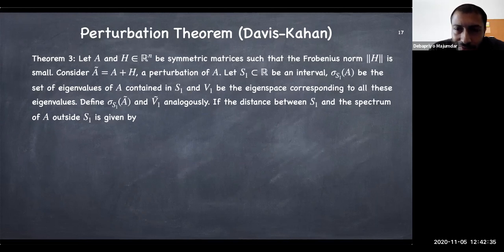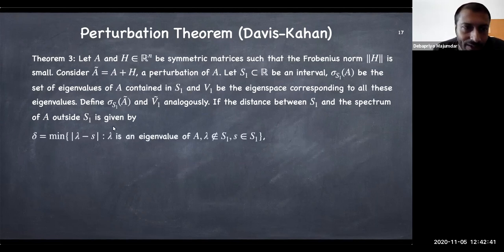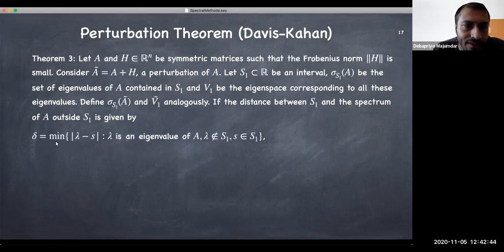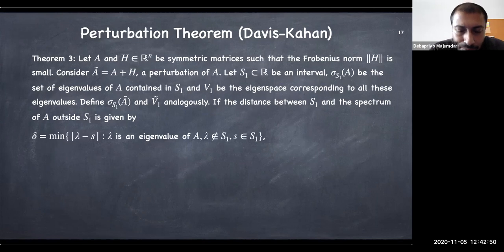So the distance between the interval and the eigenvalues outside the interval is given by this delta, which is the minimum. What is the eigenvalue closest to this interval but outside this interval? Which is the nearest but outside member?